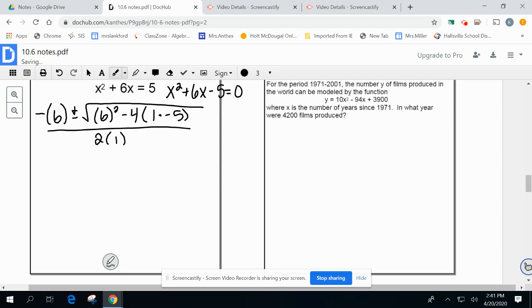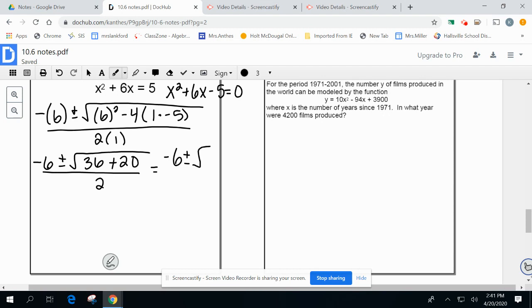So start simplifying. You would have negative 6 plus or minus square root, and then I would have 36. And then I need to do negative 4 times 1 times negative 5, which would give me positive 20 over 2. Okay, so I'm going to have negative 6 plus or minus, and then 36 plus 20 is 56 over 2.